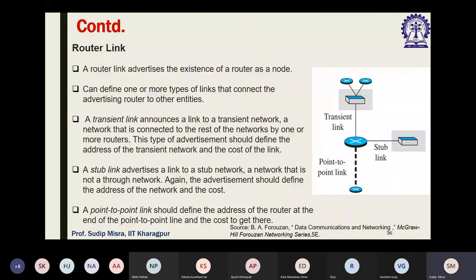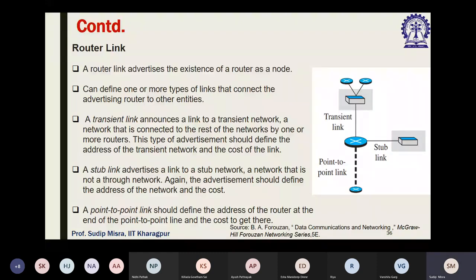So this transient link is used for announcing a link to the transient network. And what is this transient network? This is the transient network. This transient network is connected to the rest of the networks by one or more routers. You see that this is the transient link which connects to different networks through other routers.